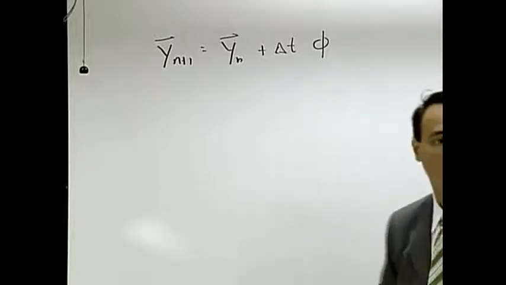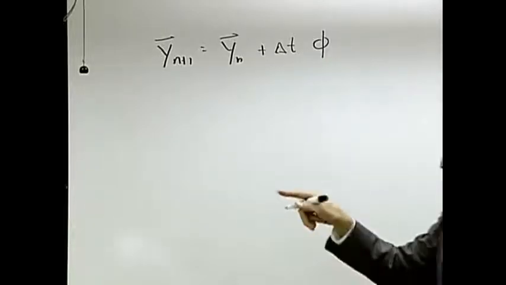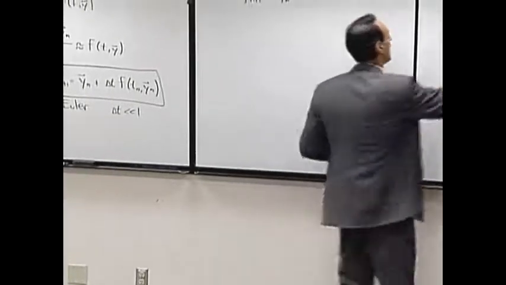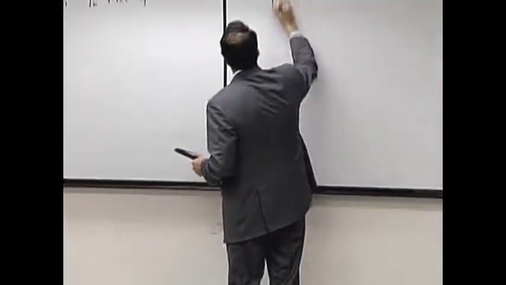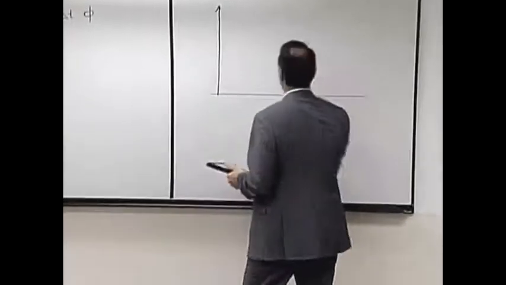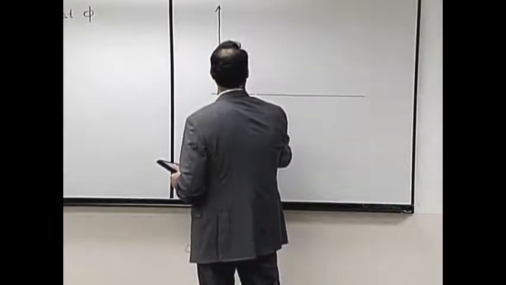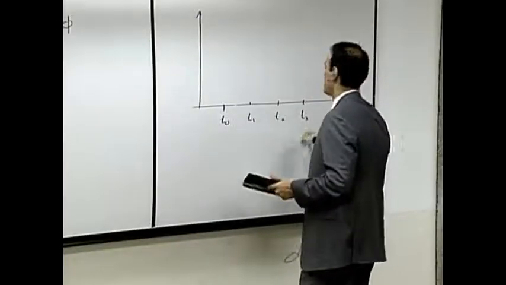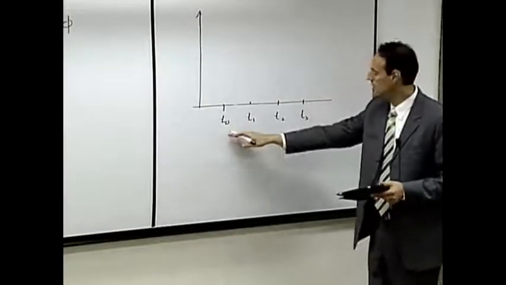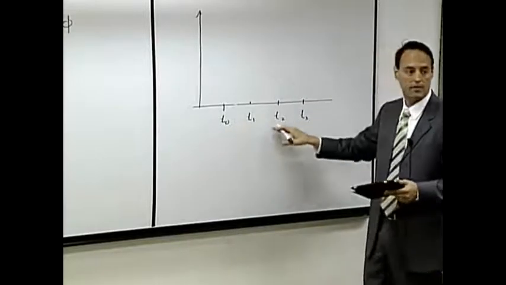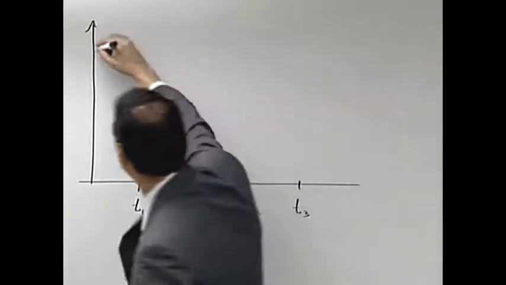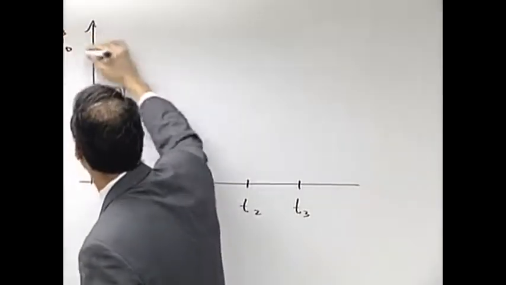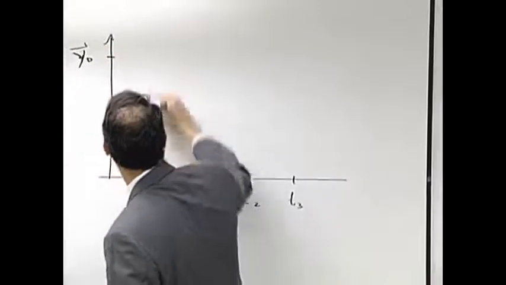All right, so how would we motivate something like this? Well, let me first tell you what this scheme actually does graphically. Suppose we're going to step forward into the future: t0, t1, t2, t3. So we have a delta t between them. And we start off with some y0 value, up here somewhere.